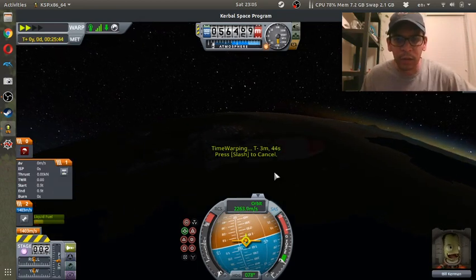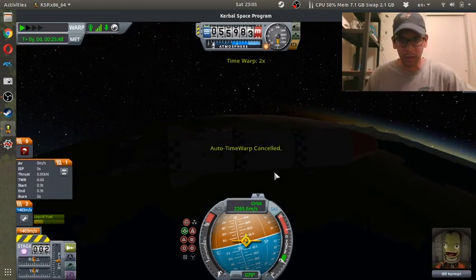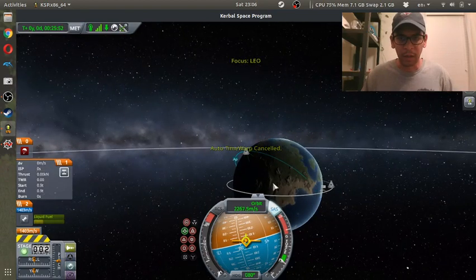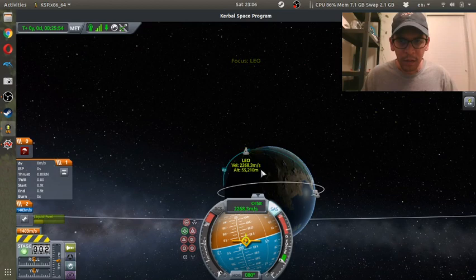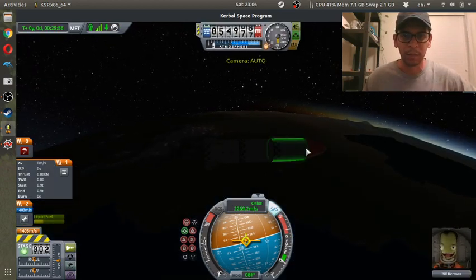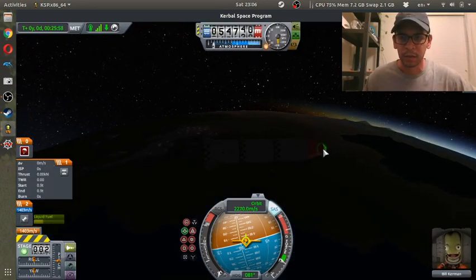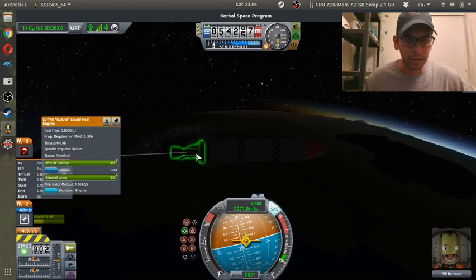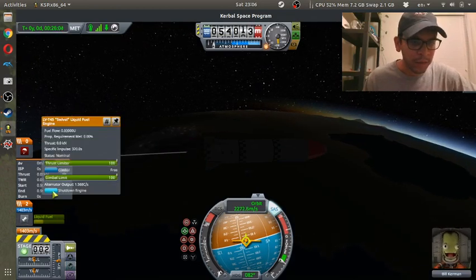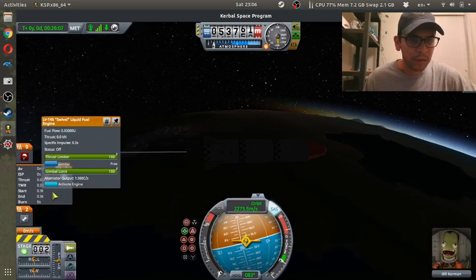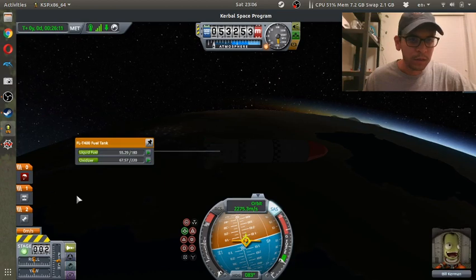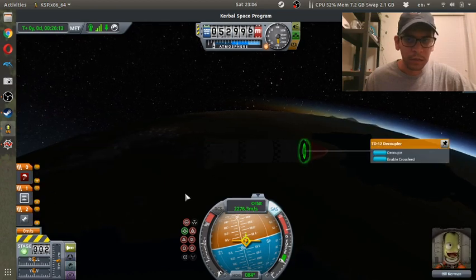Oh shoot, that's gonna blow up in the atmosphere. I'm here, slash to cancel. Okay, where am I? Okay, I still got time, but I'm gonna blow up if I can't figure out how to jettison. Shut down engine. Decouple.